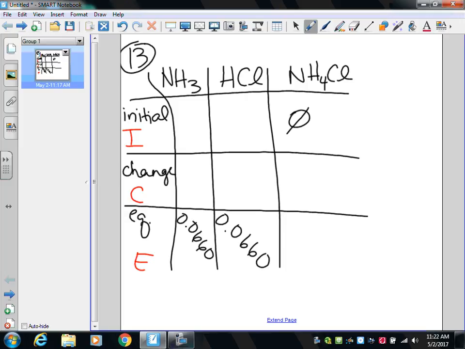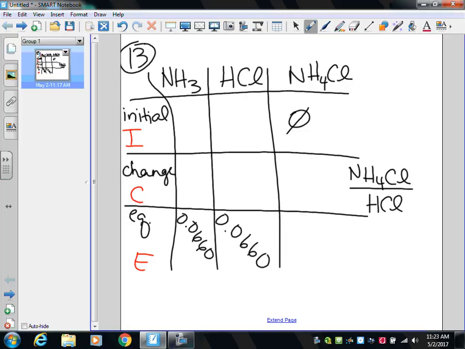Okay. Now, there's another way to look at it, and I'm going to show it to you just because some people find it easier, and I don't think I had shown it to you earlier. If we compare either one of them to the NH4Cl, so I'm going to just choose hydrogen chloride, okay?